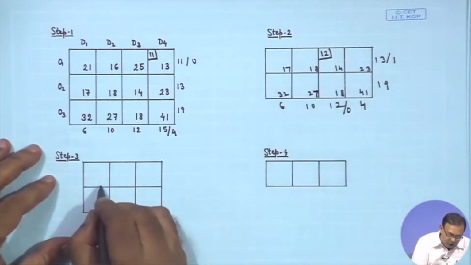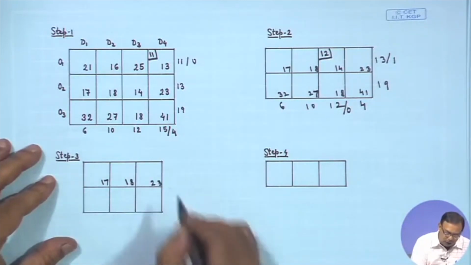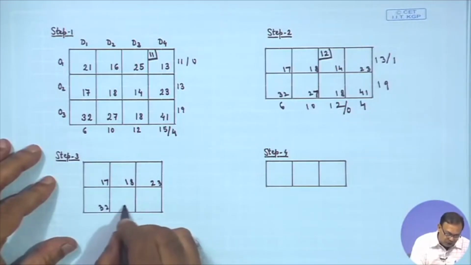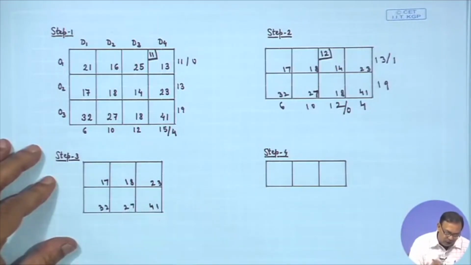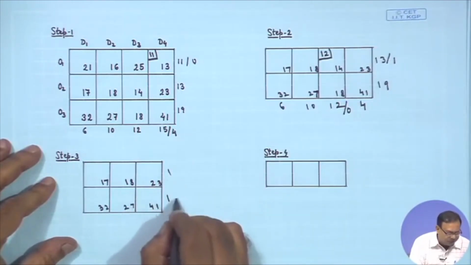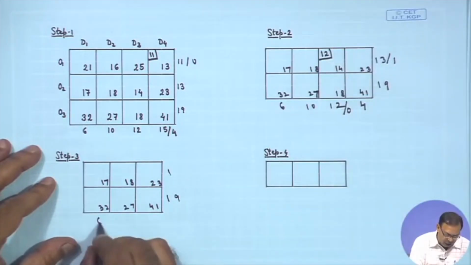In the next one, it will be 17, 18 and 23, then 32, 27 and 41. In this case, it will be 1 and 19. Here it is 6, 10, this column will not be there, and 4.